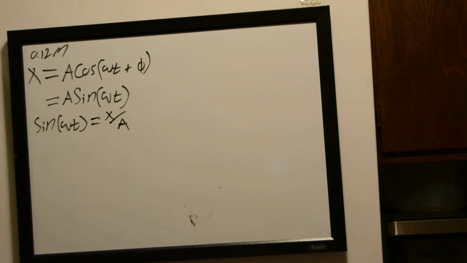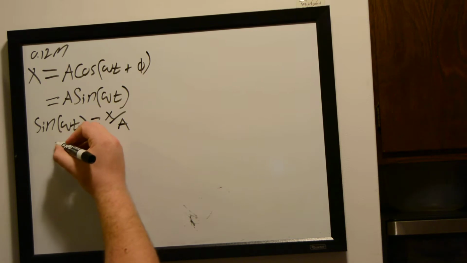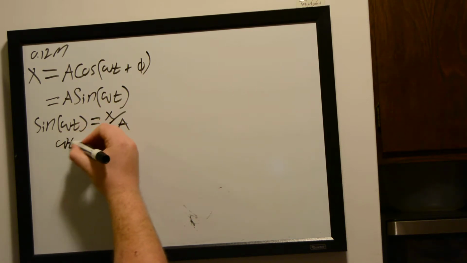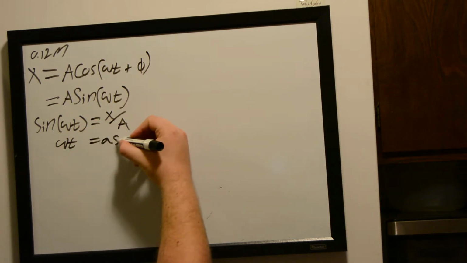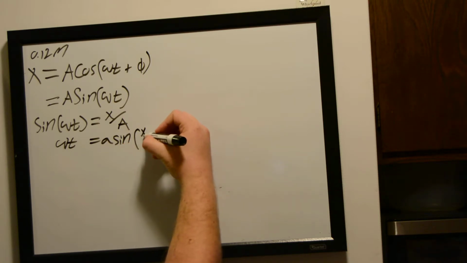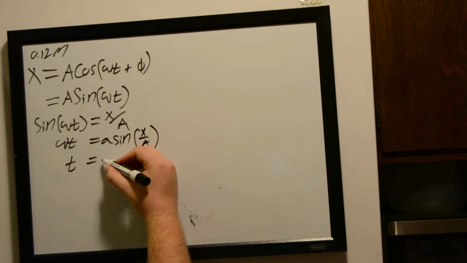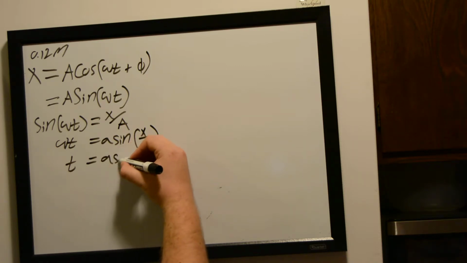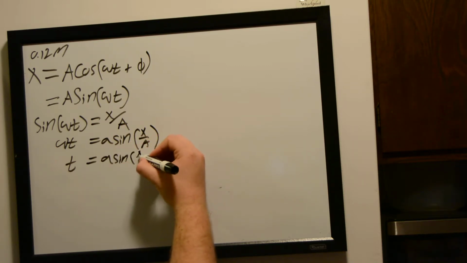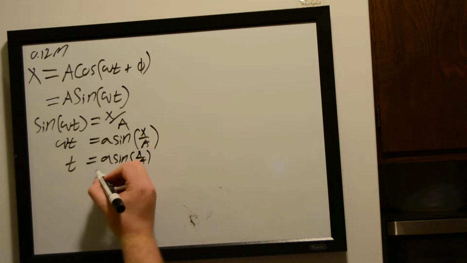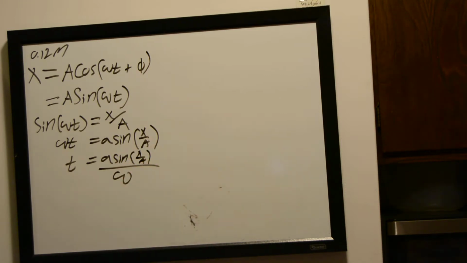And then just by the laws of trig, we can take the inverse sine of both sides to clear this out. So that's going to be our angular velocity times time is equal to arc sine of x over a. And then time is given by arc sine of x over a divided by our angular velocity.